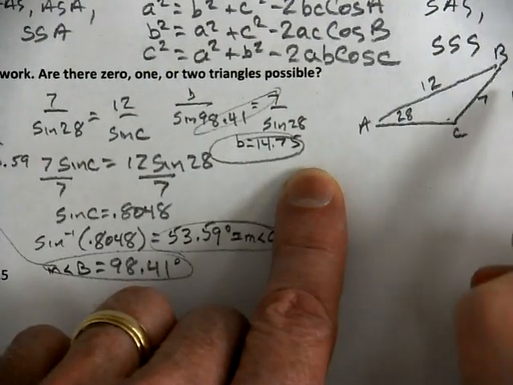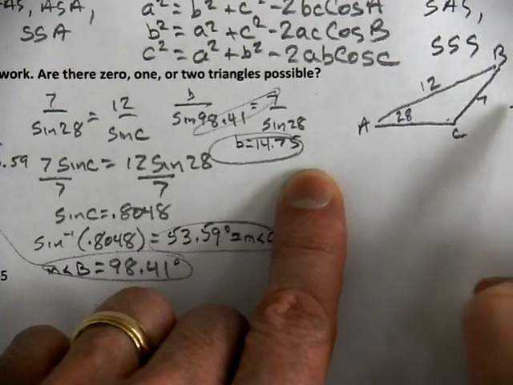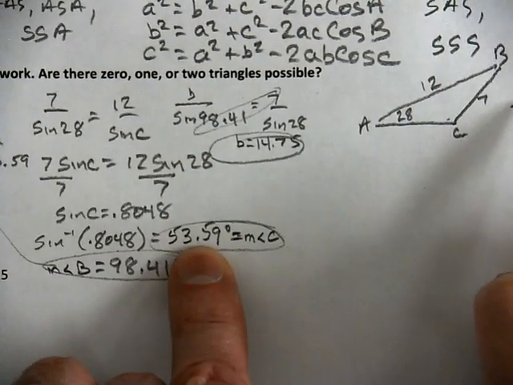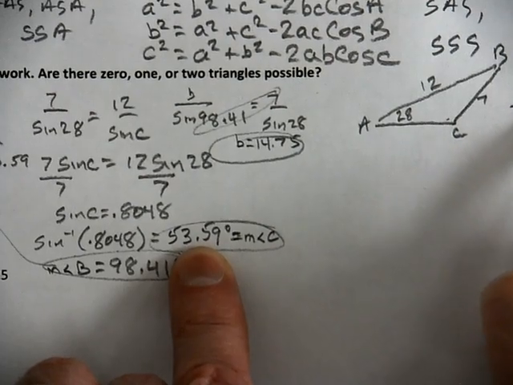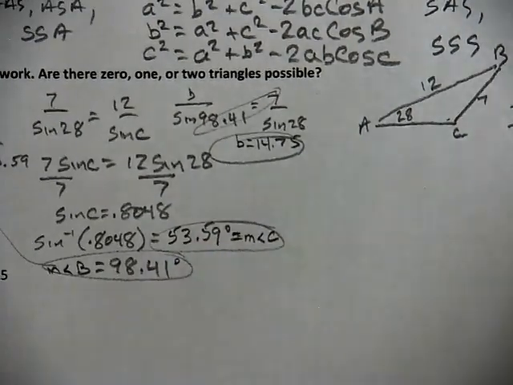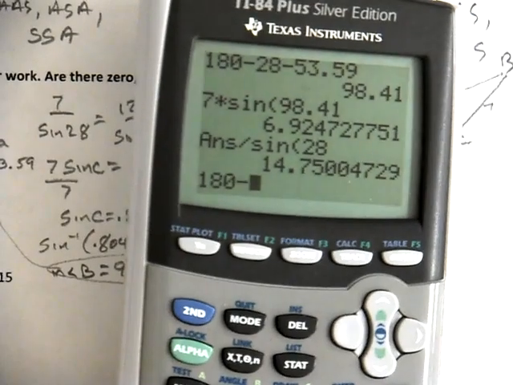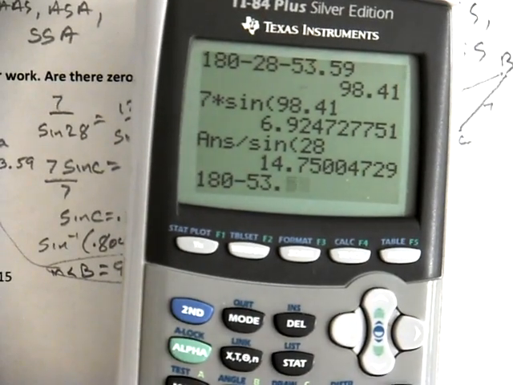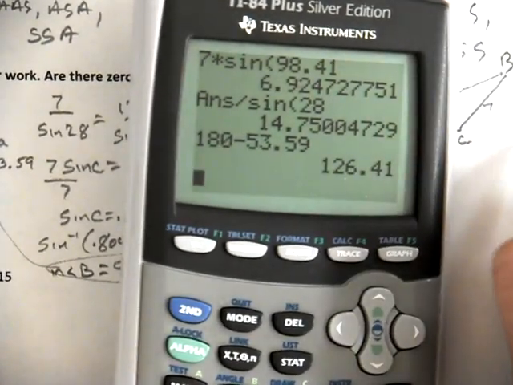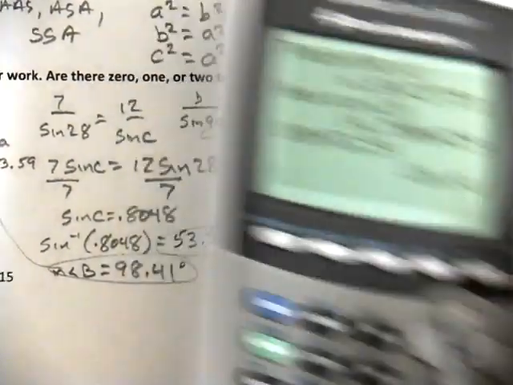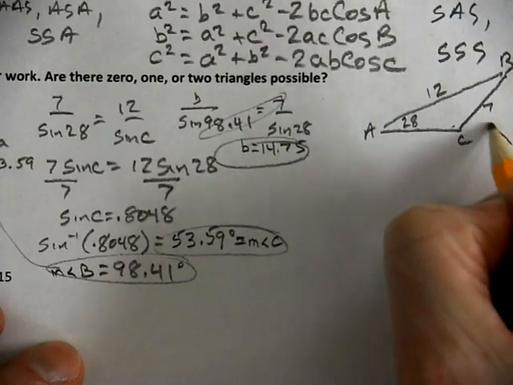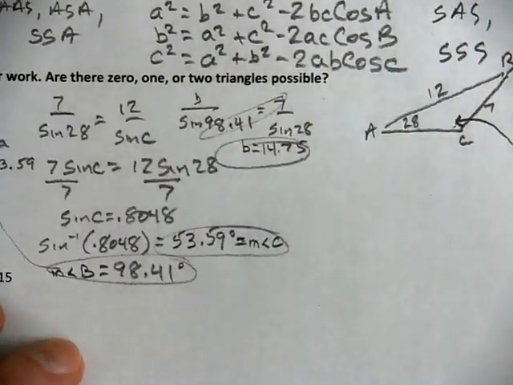This angle is going to be 180 minus the 53, as we've talked about in our previous lessons. So 180 minus 53.59 gives us 126.41, and that is angle C right there.